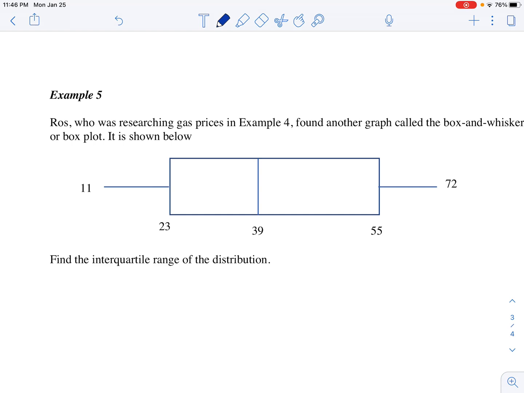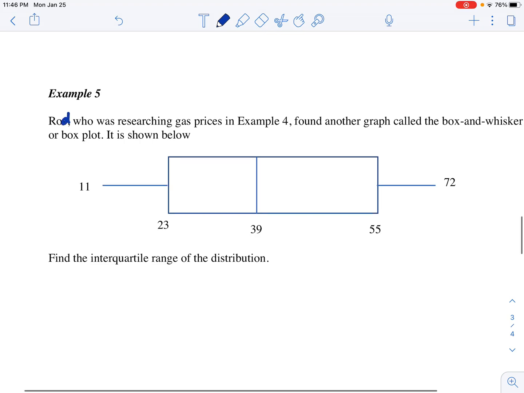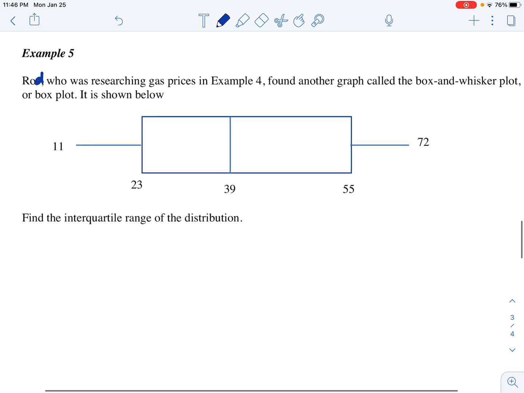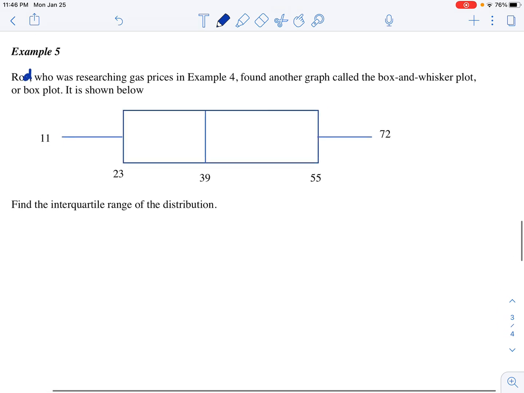Okay, Rod, supposed to say Rod, not Ross, who is researching gas prices in example 4, found another graph called the box and whisker plot, or the box plot. It is shown below. Find the interquartile range of this distribution.